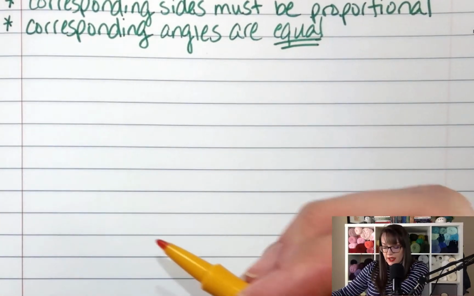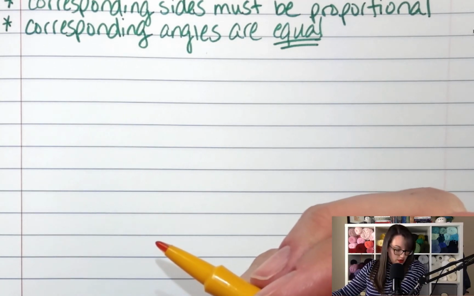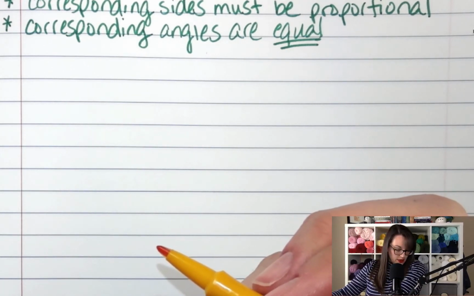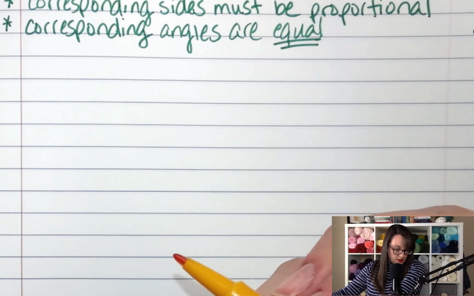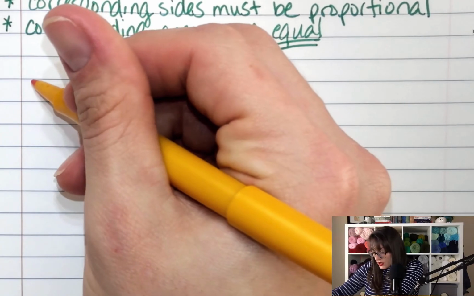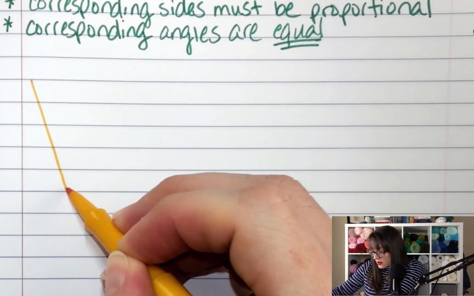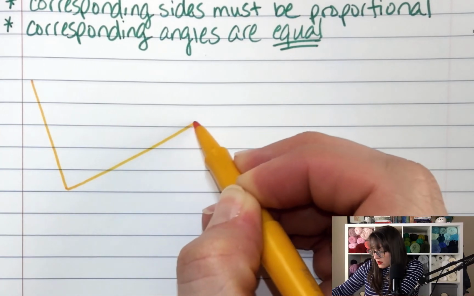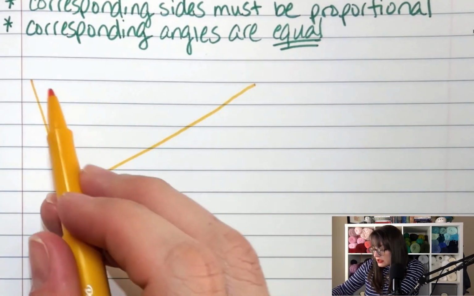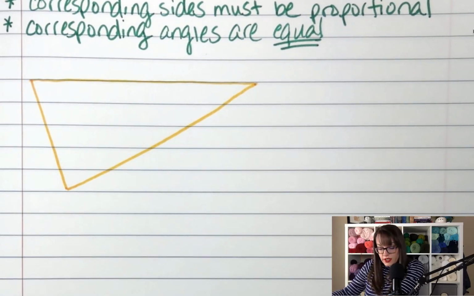If I have a triangle, I want to make this one a little bit different. I'm always terrible at this. So we're going to draw a right triangle that looks like this. All right, there's one right triangle.